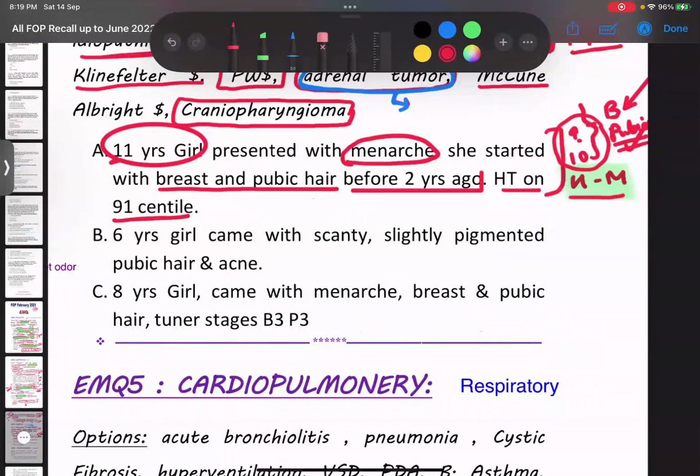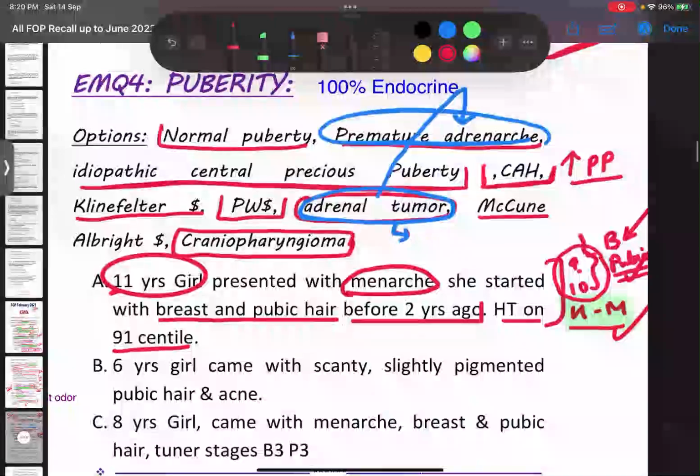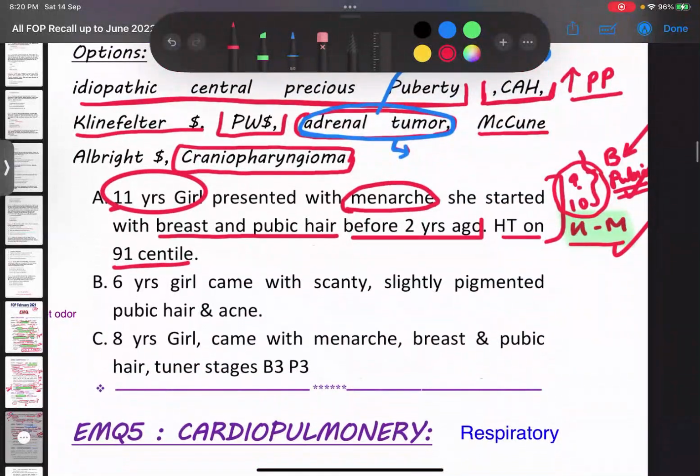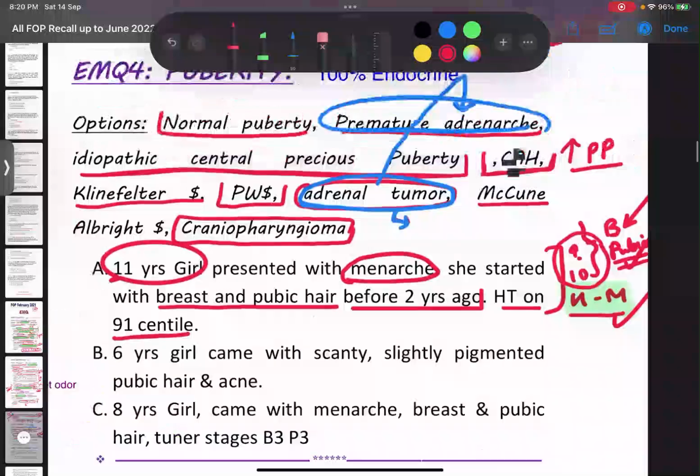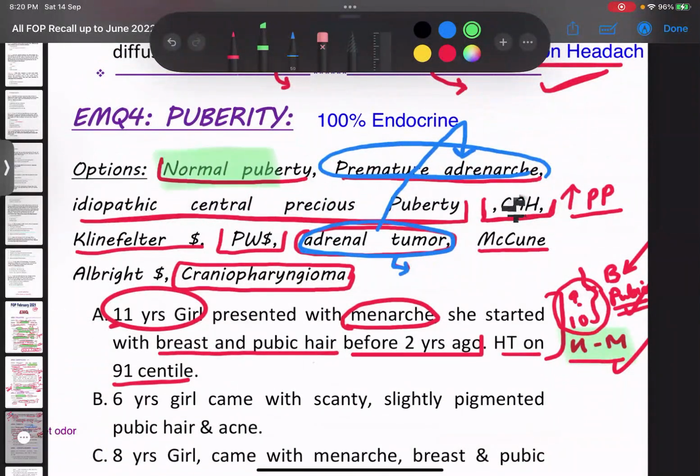Now at 11 years, she's developing menstruation. So this is absolutely a case of normal puberty. Does anyone have a different opinion about why this is normal, why it's not abnormal? Normal. Okay, great. So even we have the option as well, normal puberty.